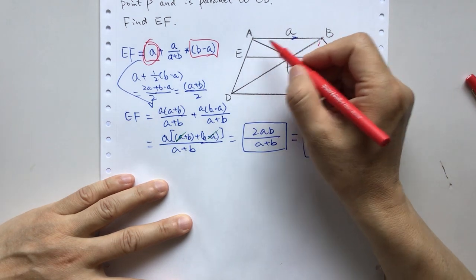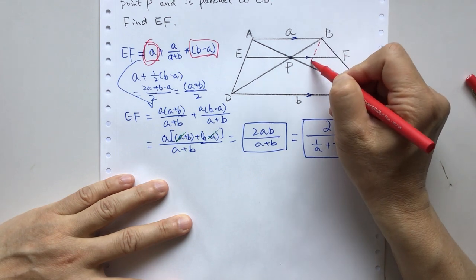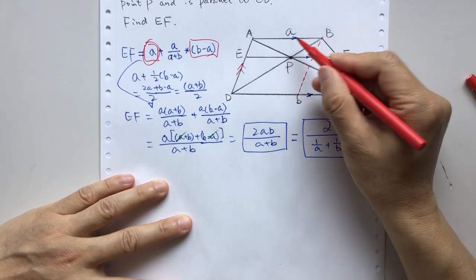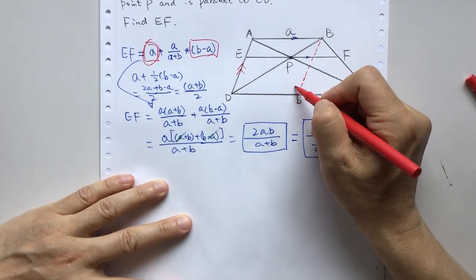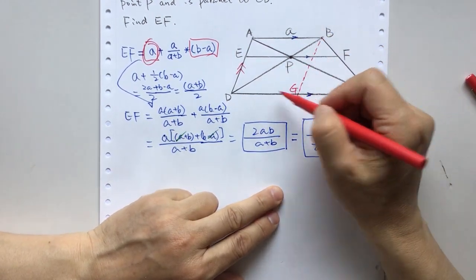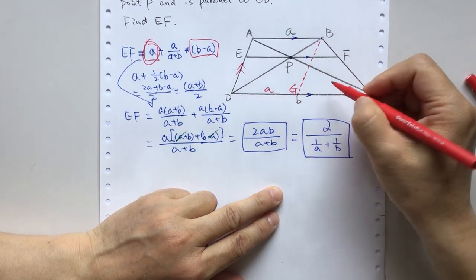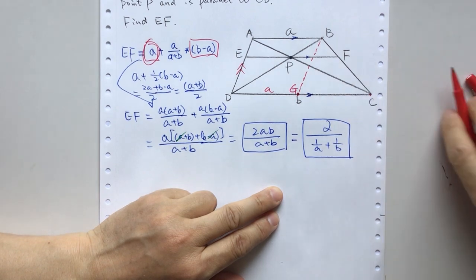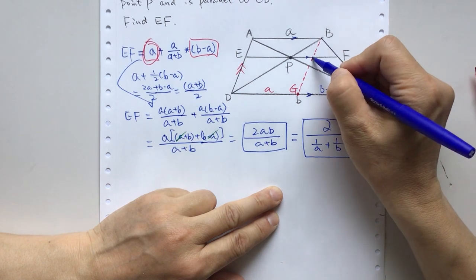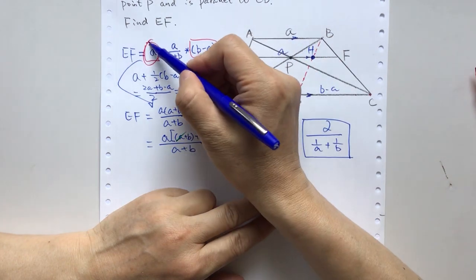If I draw a line through B parallel to AD, and call the point G, then ABGD is a parallelogram, so DG will be A, and this part CG will be B minus A. Here is H, and EH is A, that's part A.